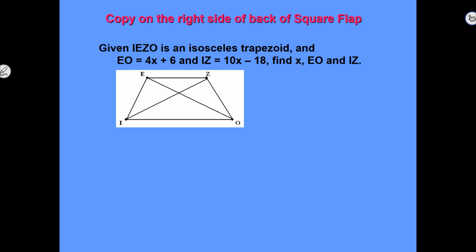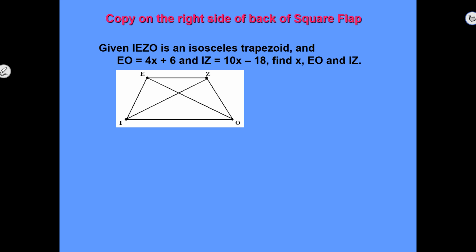Well, if this is an isosceles trapezoid, what do I know about the diagonals? What was the property we wrote down for diagonals in an isosceles trapezoid? That's not what we wrote down. The diagonals are what? Congruent.